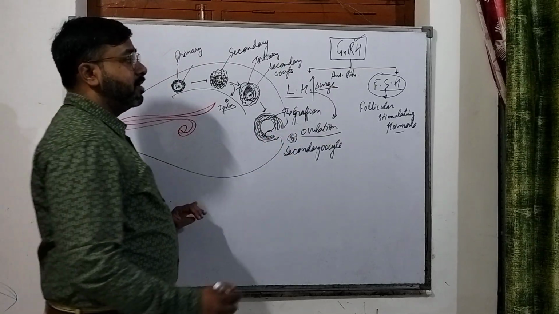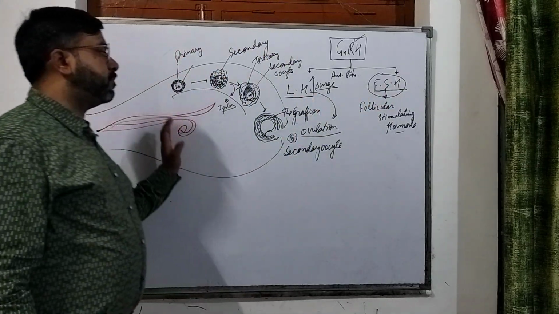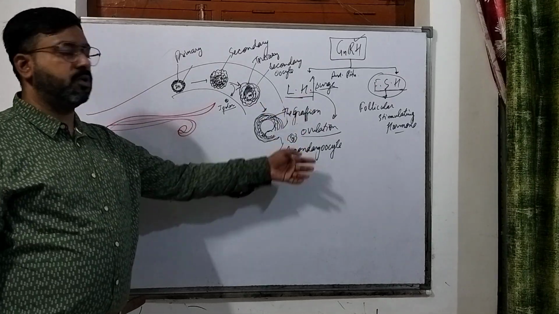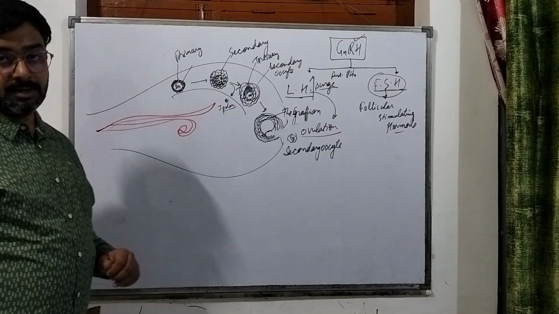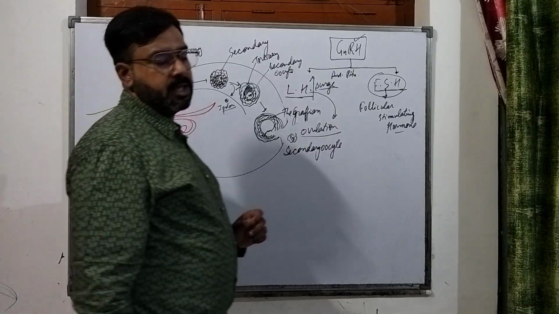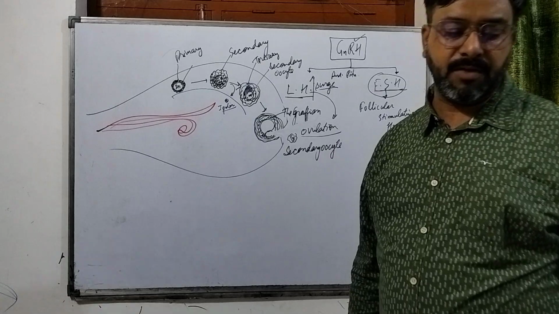So in the female, what are FSH and LH basically doing? FSH is promoting the follicular growth, and the LH surge will cause the ovulation. Primarily it is the LH surge, and along with it there is also one more promoting factor, which is a high level of estrogen.